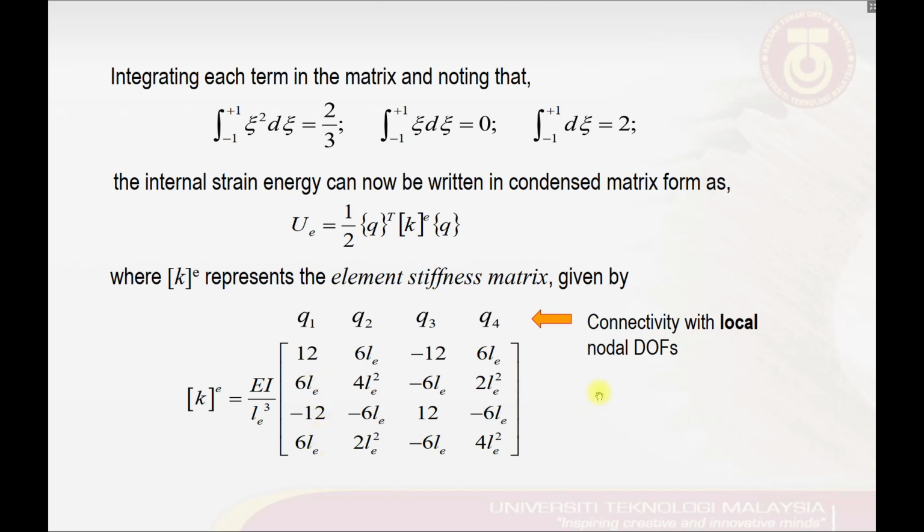What is contained in this K matrix is just the material properties of your structure. So we have the modulus of elasticity, then we have the moment of inertia, then we have the geometric information of your elements.